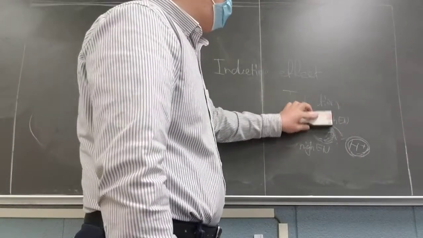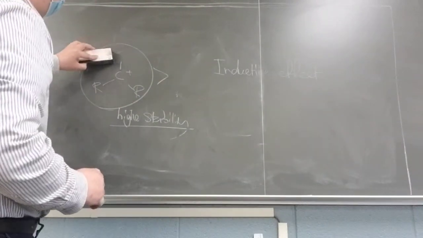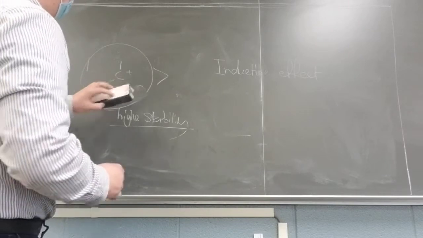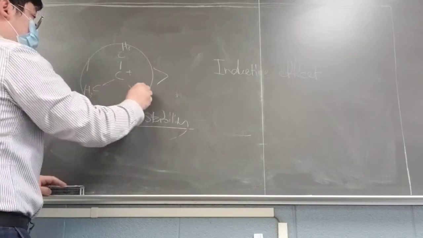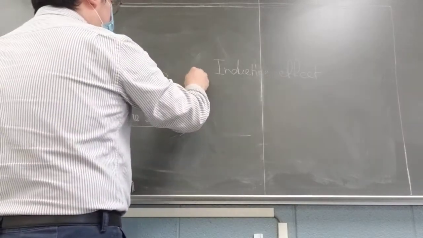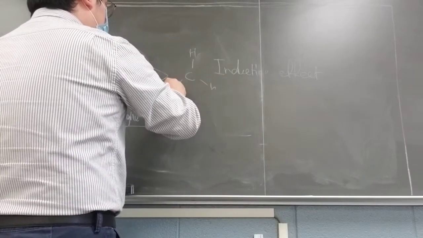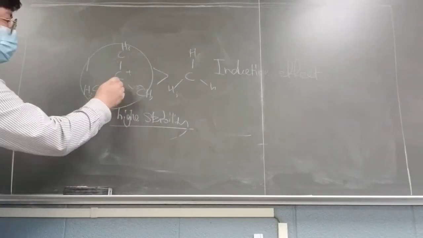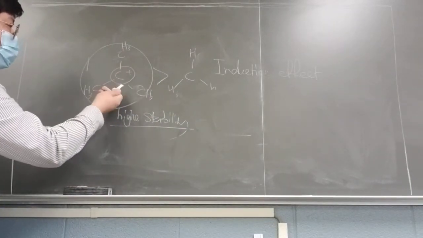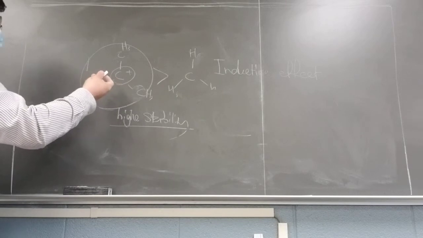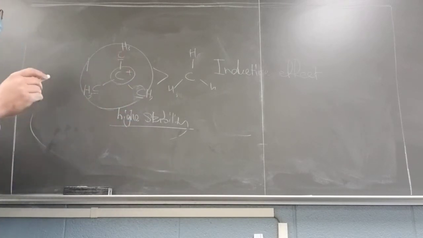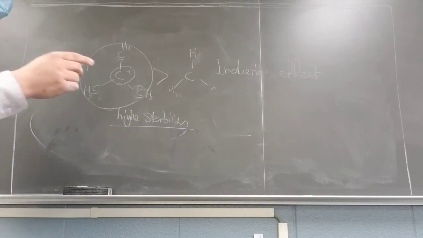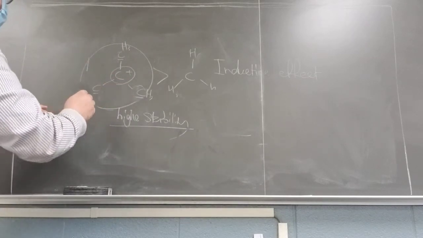So that's induction. Okay, so let's try to look at this one over here. So if I change this one to this one. If you look at this one here, the carbocation with the positive charge is the carbon here.